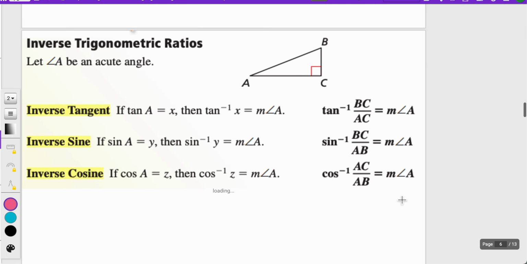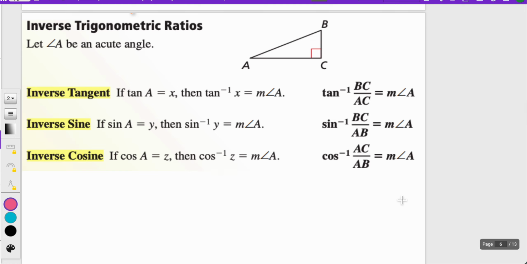Okay? All right, inverse trigonometric ratios. If we're given tangent A and we're trying to get whatever that is equal to x, we can select the tangent to the negative first power to be able to find the measure of angle A. A lot of this is just knowing when to use the inverse operations in your calculator, because a lot of the time your calculator is going to do it for you.